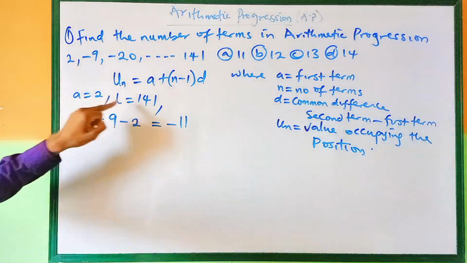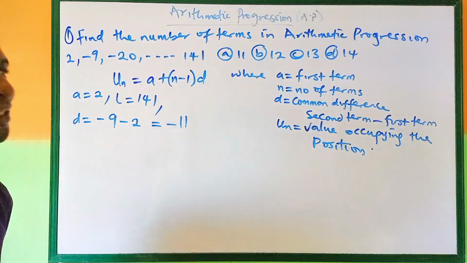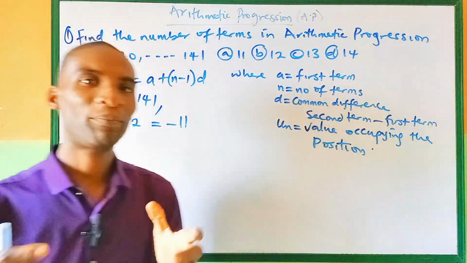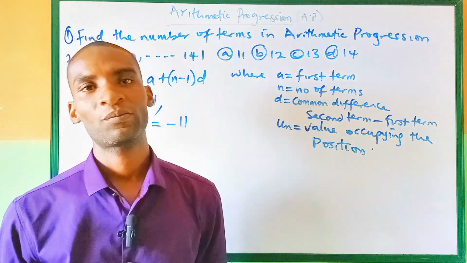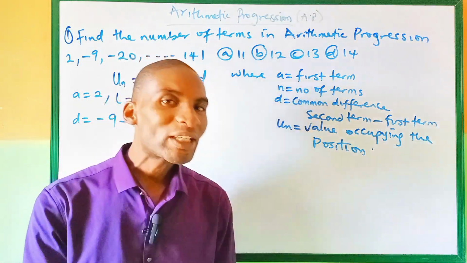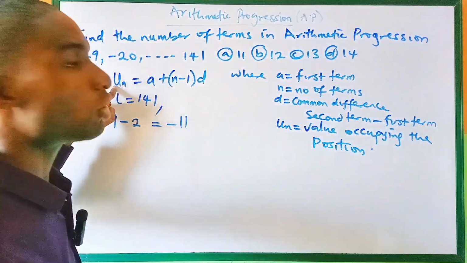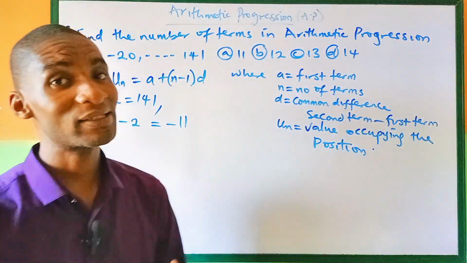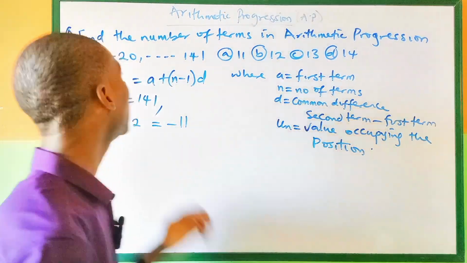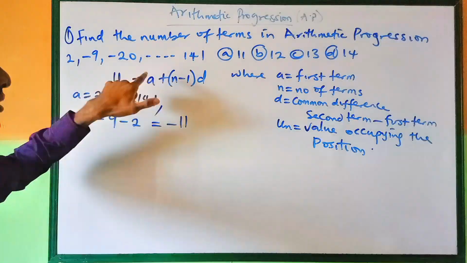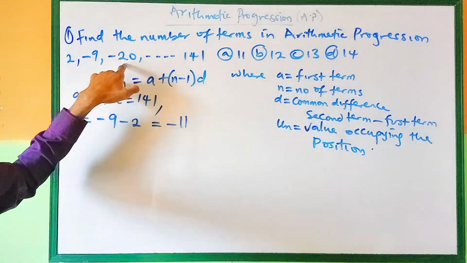So now you have all of this. It's also important that you note this. The last term for a particular position is the occupant of that position, which means your UN is also the same thing as your L. What am I talking about? Look at this AP: this is the first term, the second term, the third term.